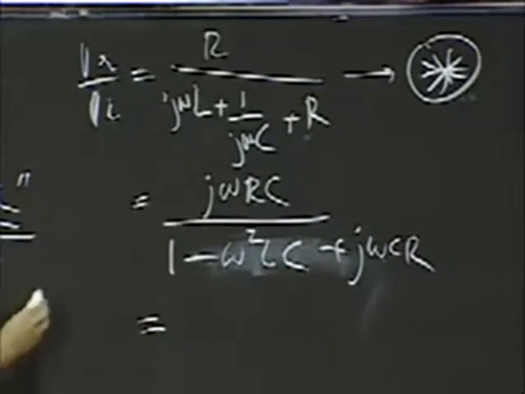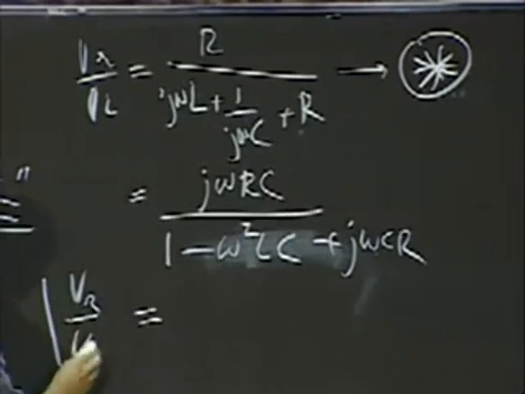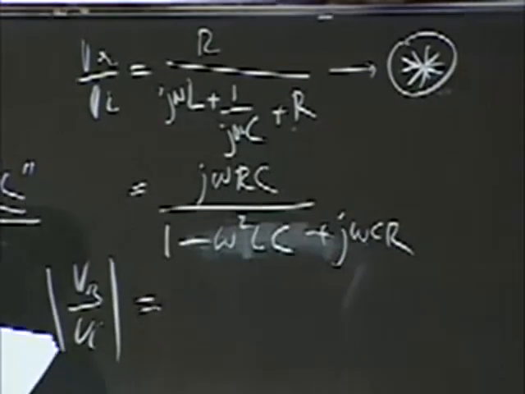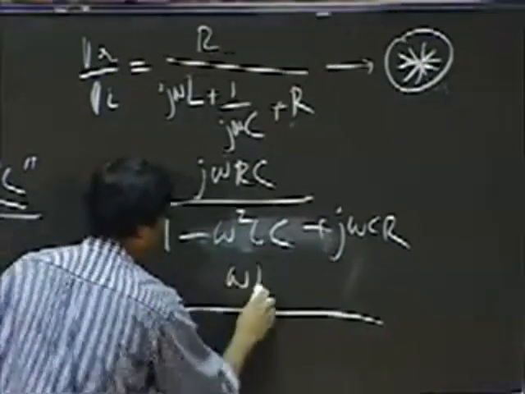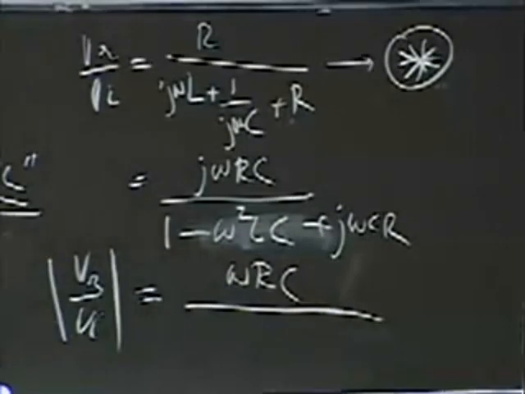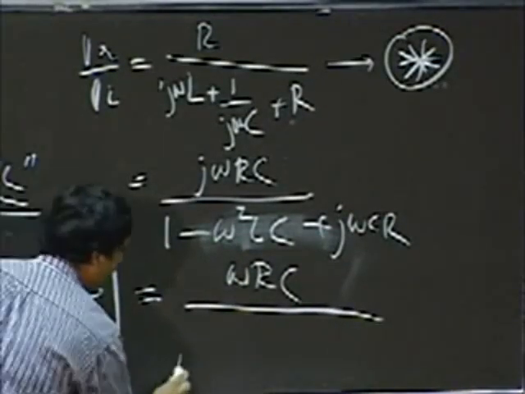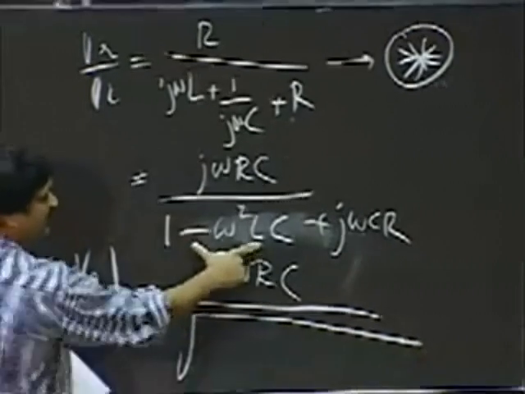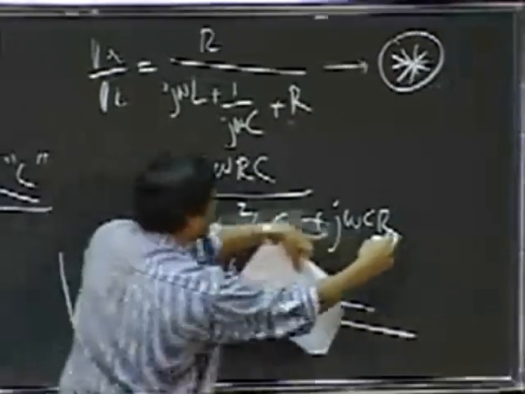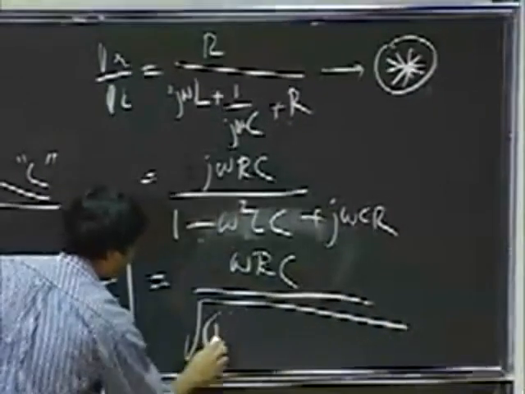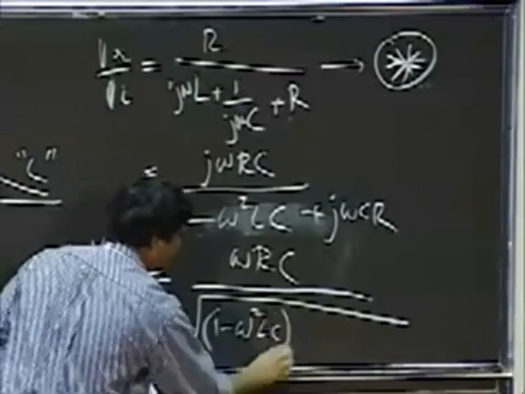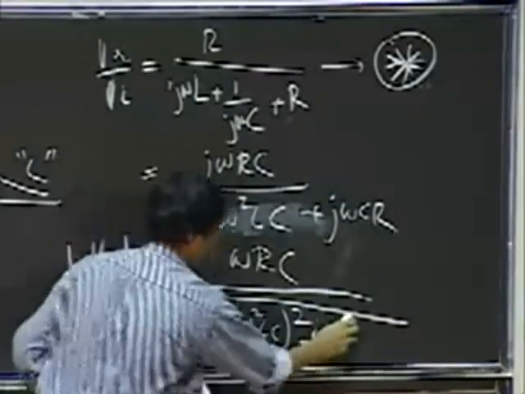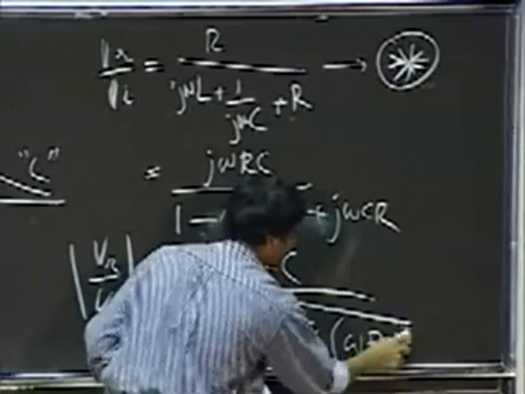And if I take the absolute value here, back to your complex algebra, I get the square root of the real value squared plus the imaginary value squared. So 1 minus omega squared LC, plus omega RC squared.